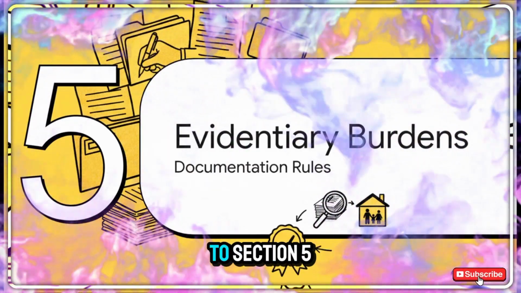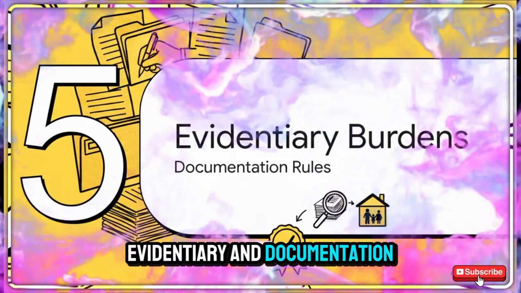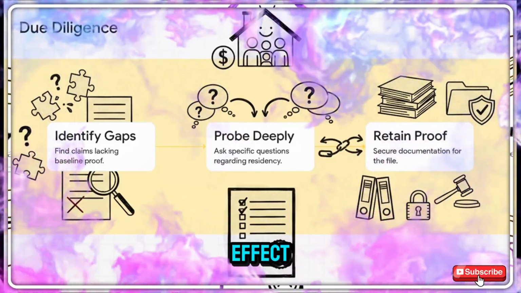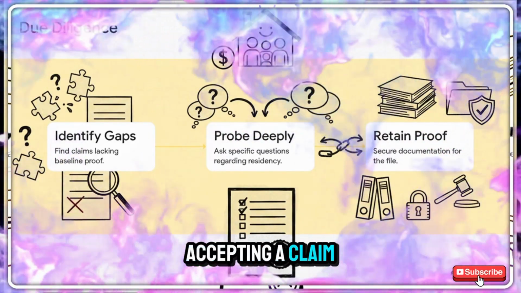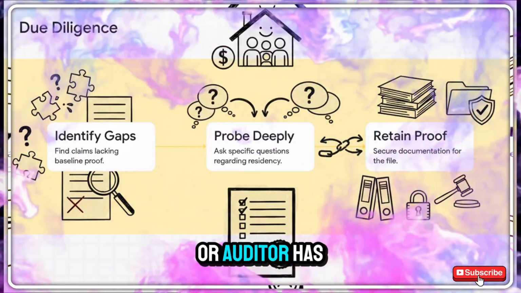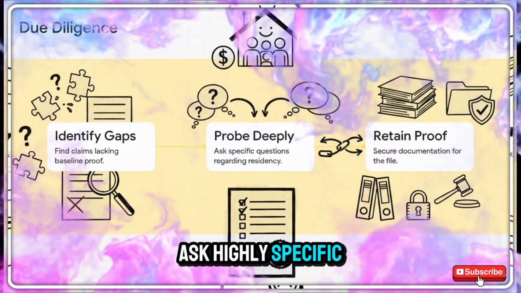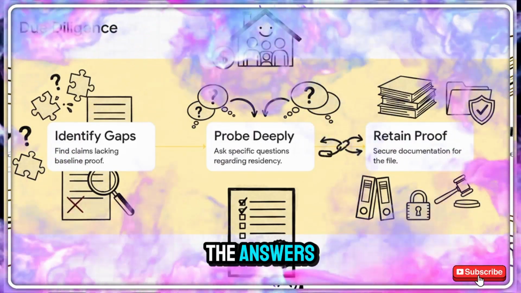Moving right along to Section 5, Evidentiary and Documentation Requirements. Here is the exact cause and effect flow of the due diligence process. Passively accepting a claim that is mathematically invalid. The preparer or auditor has to proactively identify gaps, ask highly specific probing questions, and meticulously document the answers.